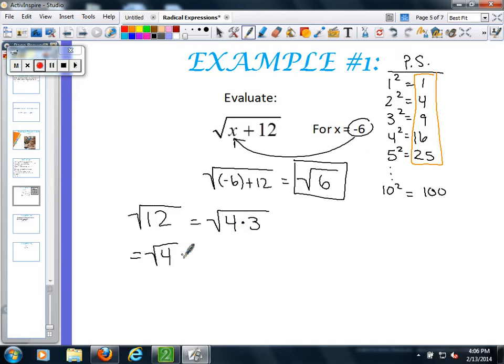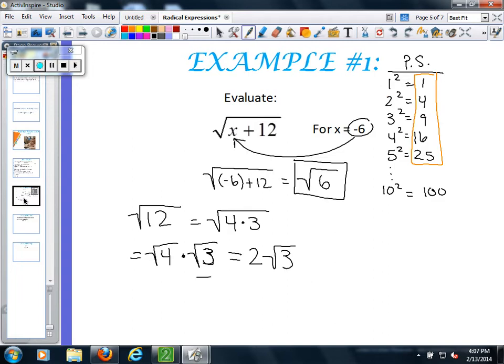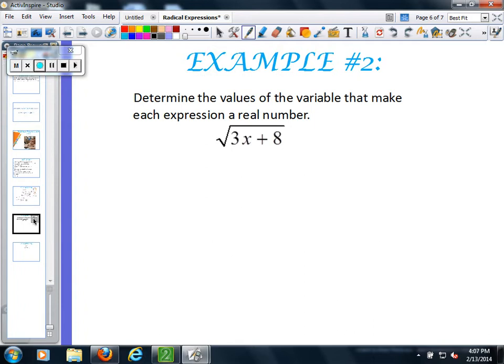So it'll be radical 4 times radical 3. Now I can simplify, because the square root of 4 is 2, and the square root of 3 is just the square root of 3. This is going to be an important concept as we go through these. So anytime you're evaluating, you plug the number in for the variable and then simplify.